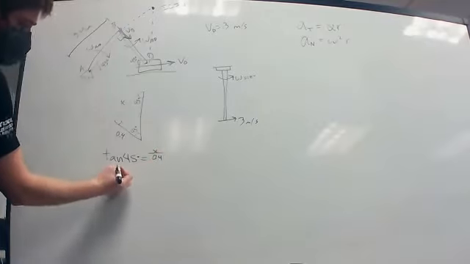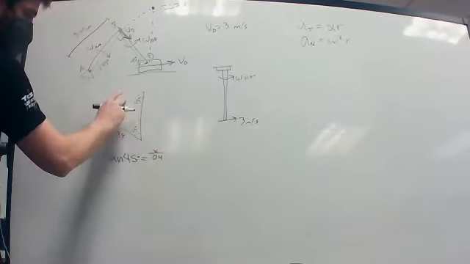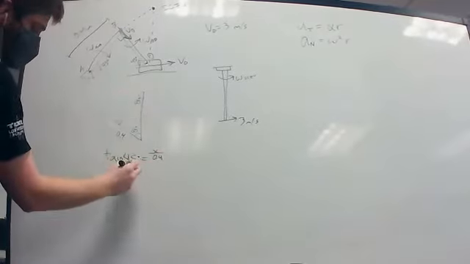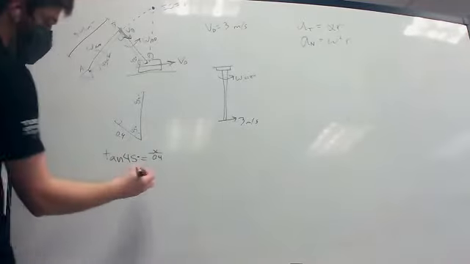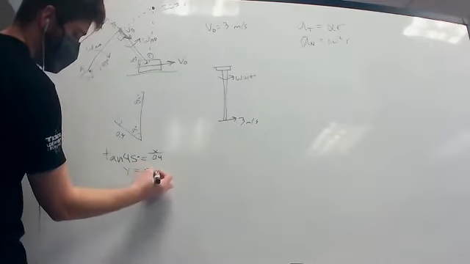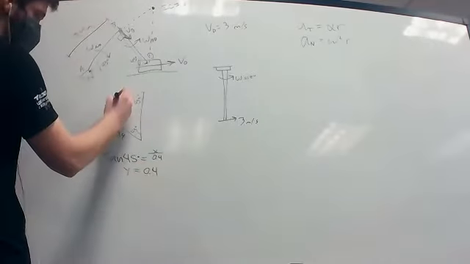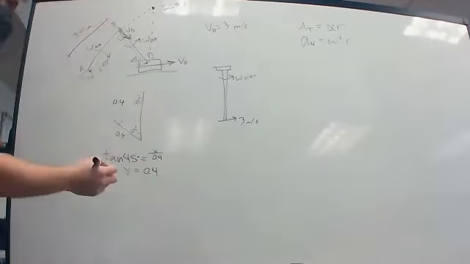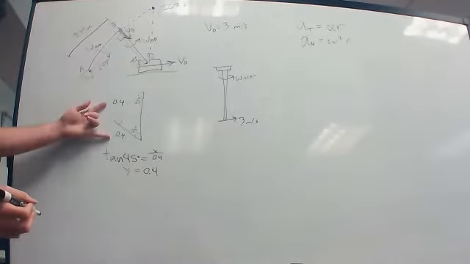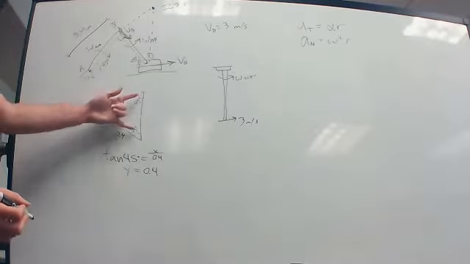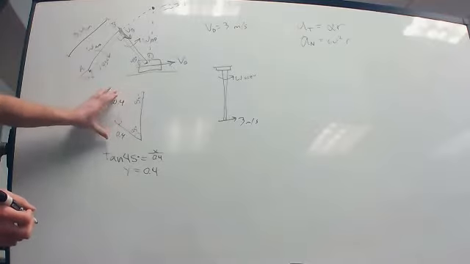You can multiply 0.4 over to solve for this length, and you get 0.4 meters. Now, real quick, we know that makes sense, that they're the same, because if these angles are the same, the corresponding sides have to be the same as well.